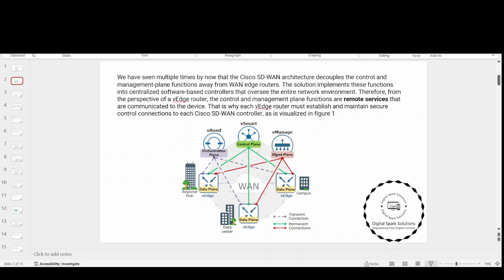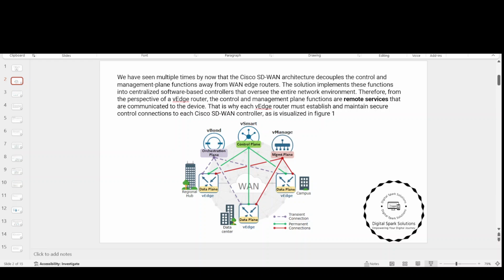Then each control plane protocol, such as OMP, NETCONF, SNMP, etc., goes through one of the DTLS/TLS secured control tunnels, as is visualized in Figure 2. This technique ensures that the native security of these protocols is no longer a concern to the overall security because they are communicated through secured tunnels that are encrypted and authenticated.